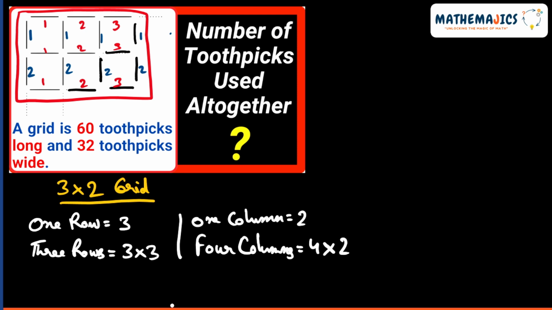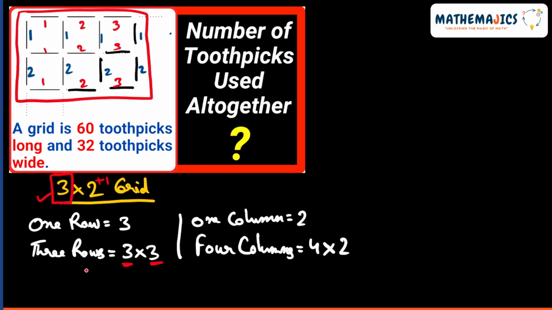Correct. Now please see carefully. When we had a 3 toothpicks long grid, the number of toothpicks horizontally was 3 multiplied by 3. That means this 3 multiplied by 1 extra of this 2. Yes, 1 extra of this 2. Correct.